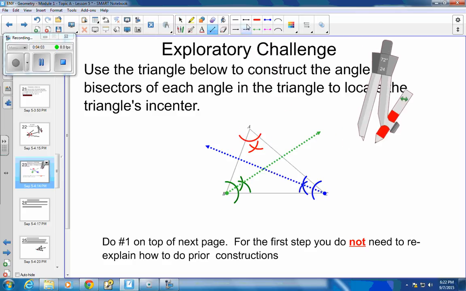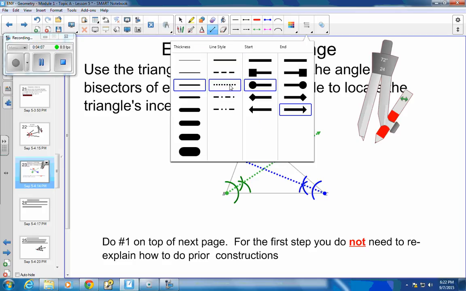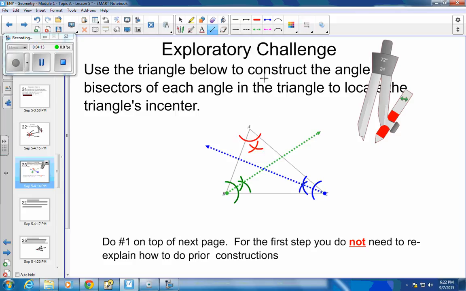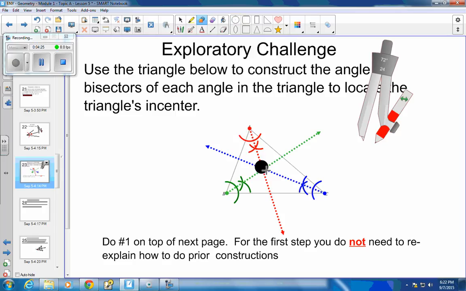And then whenever I grab my ray tool, and go from A through the intersection, you'll see that they do in fact cross at one point, and I will label that point. And it is my point of concurrency.